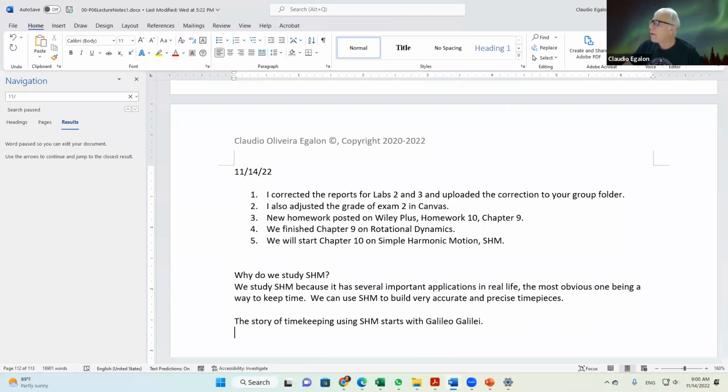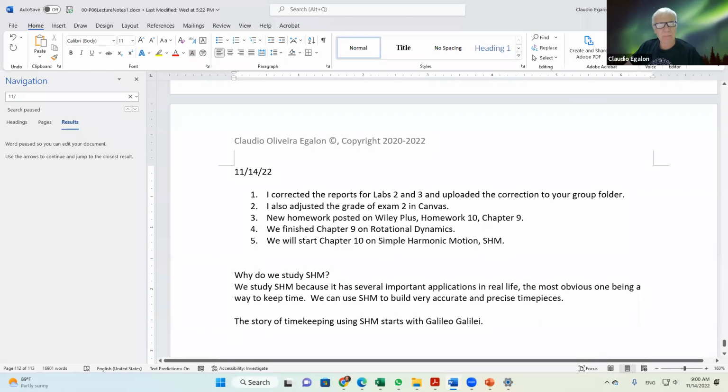This guy did his work 500 years ago, and we still remember him. But remember, that's just one application, but there are more applications of simple harmonic motion. This one is just one of them.